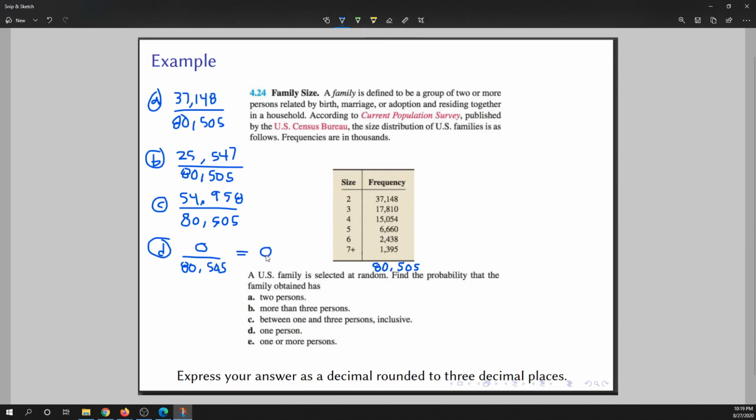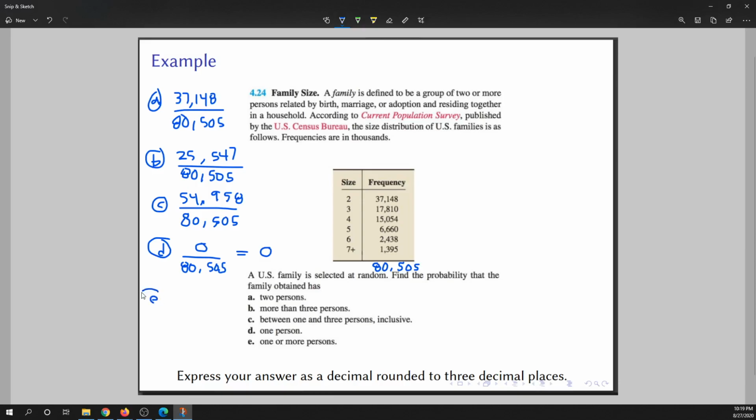So that basically means that it's impossible for this event to occur. If I randomly select one of these families, what is the probability that they would have a family size of 1? Well, it's 0. So that means it is impossible for that to occur. Okay.